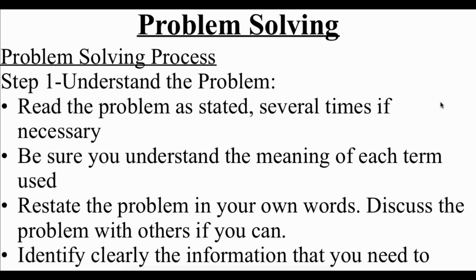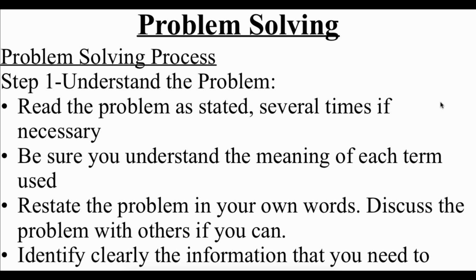Before we get too far into things, I want to look at each step a little bit more in depth so that we understand what's really happening with each individual step. So step number 1, where it said understand the problem. What does that mean? Well, we want to read the problem as it's stated, and it might take a couple of times. We want to make sure that we understand the meaning of all of the terms in there, if there's any vocab words or anything like that. We want to make sure that we can restate the problem in our own words.